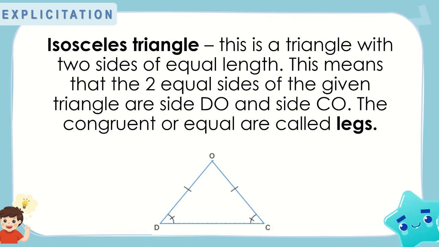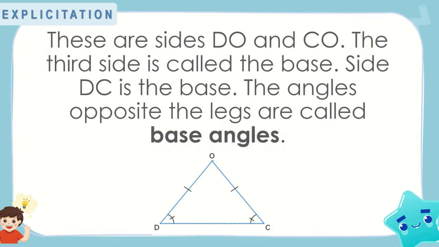Isosceles triangle. This is a triangle with two sides of equal length. This means that the two equal sides of the given triangle are side DO and side CO. The congruent or equal sides are called legs. These are sides DO and CO. The third side is called the base.